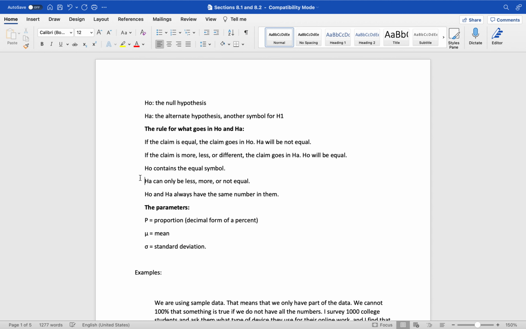HA can only be less, more, or not equal. H0 and HA always have the same number in them. The parameters: p is a proportion, mu is the mean, and sigma is the standard deviation.